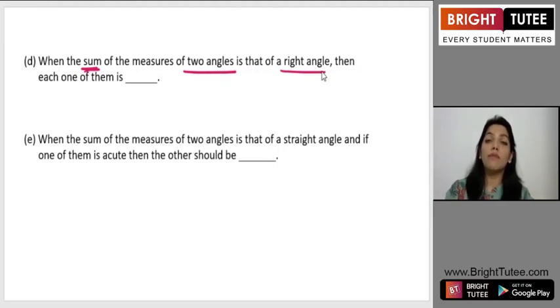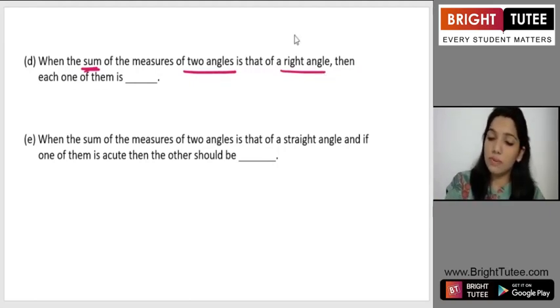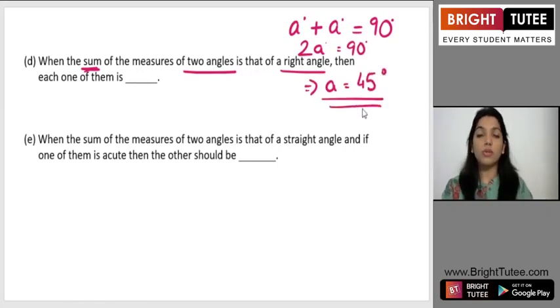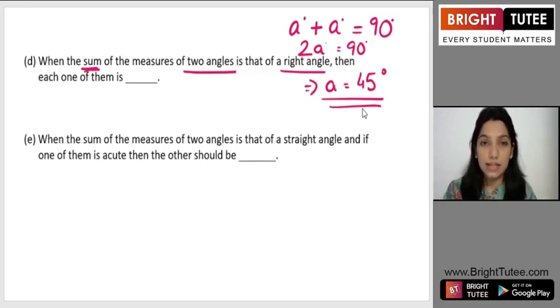So let's say each of them is measuring A degrees. A degrees plus A degrees is equal to 90 degrees. So A plus A can be written as 2A equals 90 degrees. This gives the value of A equals 90 divided by 2, which is 45 degrees. So what is 45 degrees? It is less than 90.